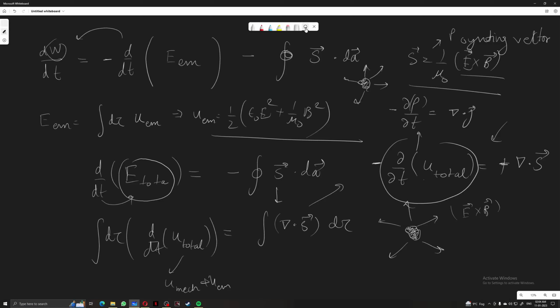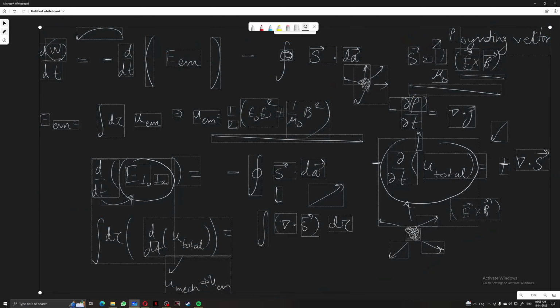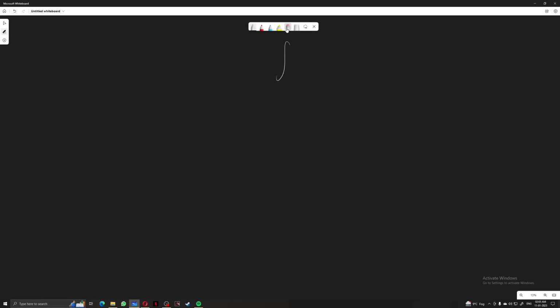Now that being said and done, let's take some examples to make more sense out of this. First thing to note is that with this E cross B, if either one of these is zero, say there is no magnetic field, you are working in a purely electrostatic system, or there is no electric field, you are working in a purely magnetostatic system, the S vector, which is defined as 1/μ₀ E cross B, is 0.